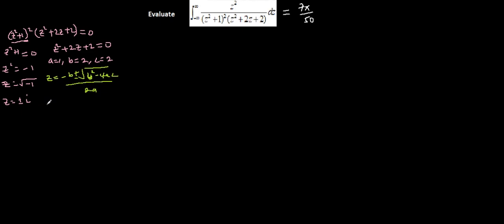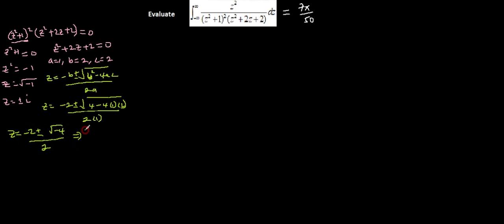So z is equal to minus 2 plus or minus the square root of 4 minus 4 into 1 into 2, divided by 2 multiplying 1. So z is equal to minus 2 plus or minus the square root of minus 4, divided by 2.